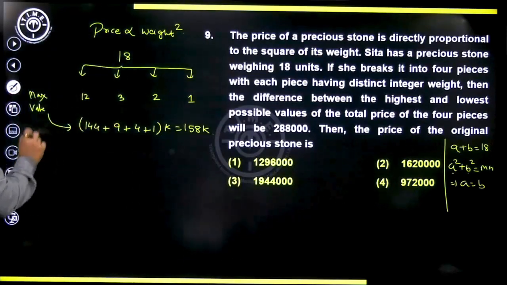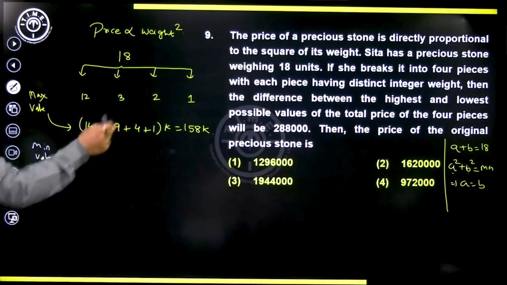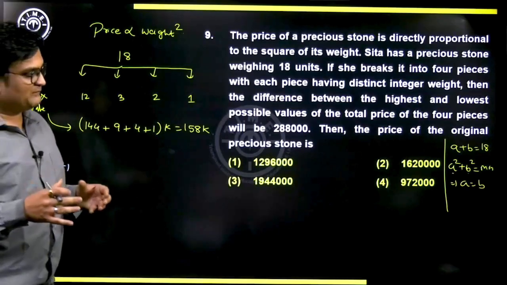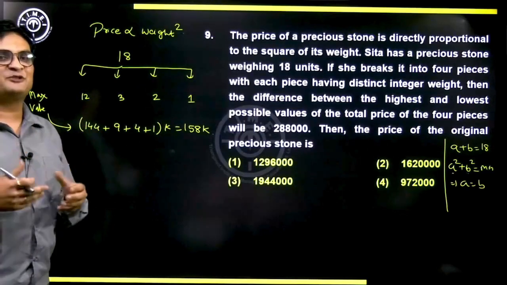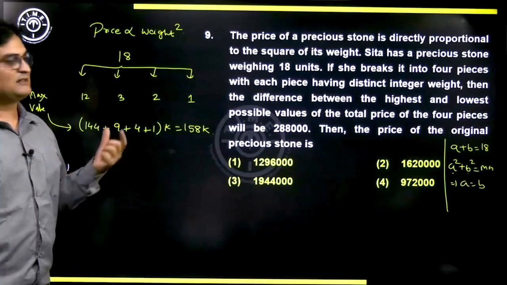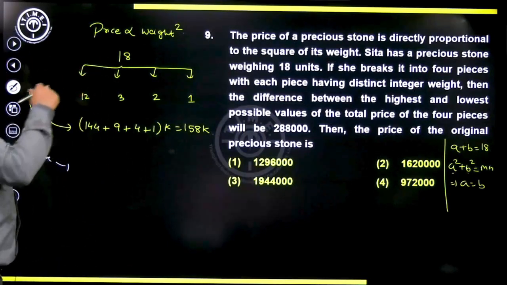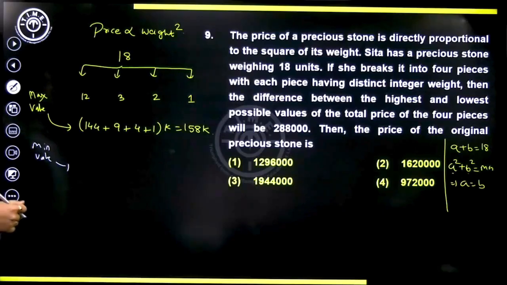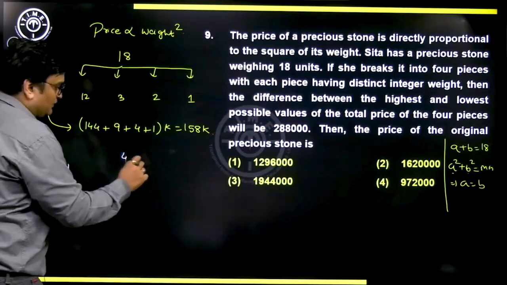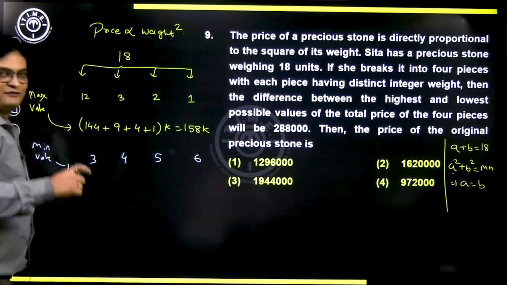Similarly, let's figure out the minimum value. For the sum of the squares to be minimum, the numbers should be as close as possible, ideally equal. Equality won't occur here because the numbers are distinct. So what is the closest case? 18 divided by 4 is 4.5, so the pieces could be 3, 4, 5, 6.